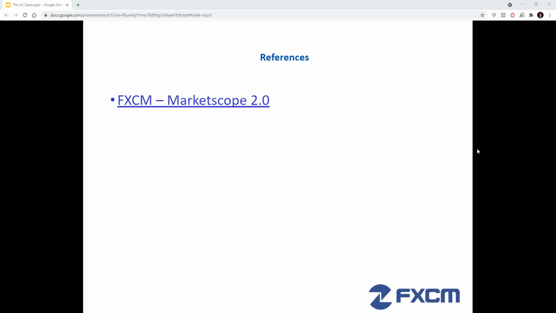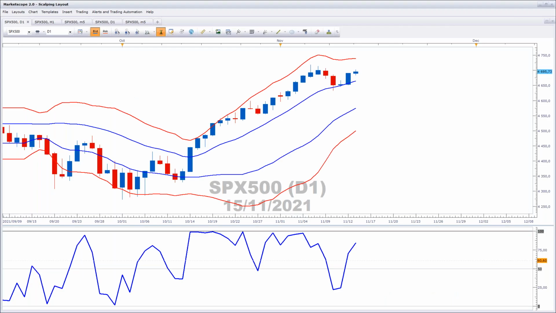All right, so I'm going to bring up the scalping layout to see if we can put on a scalp with the market open. This is our daily. We're looking at the S&P 500, and we've got a fast stochastic here. You can see it's pointing upwards. The reason we're using the fast stochastic is because I want to know what the sentiment is on an emotional basis.